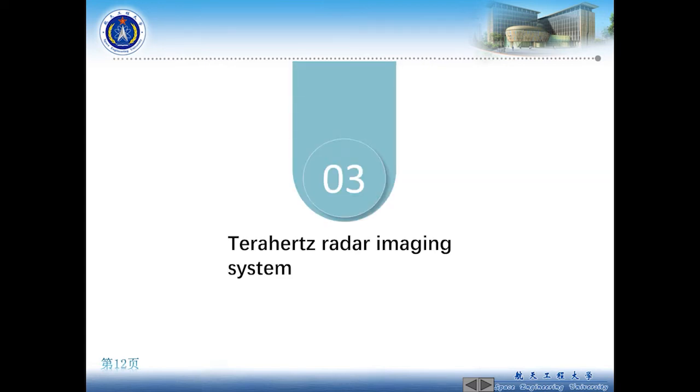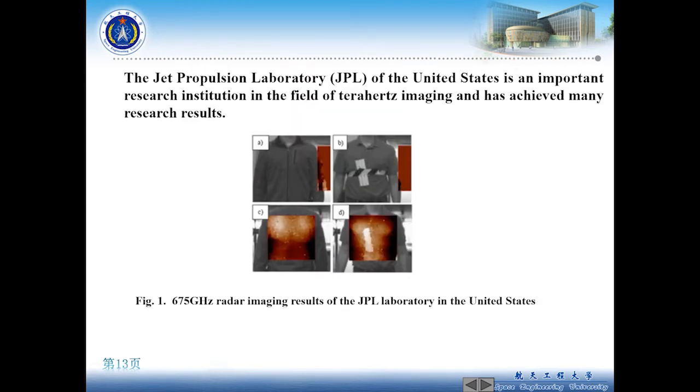Terahertz radar imaging system. The JPL of the United States is an important research institution in the field of terahertz imaging and has achieved many research results.